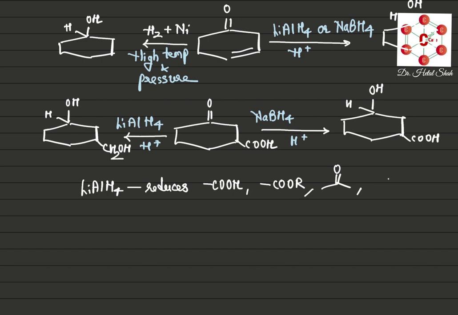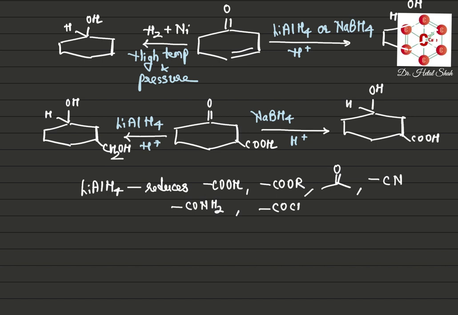It also reduces CN group. It also reduces CONH2 group. And it also reduces COCl group. These are some of the common groups which are reduced by lithium aluminum hydride.